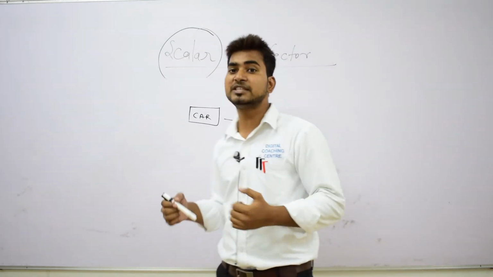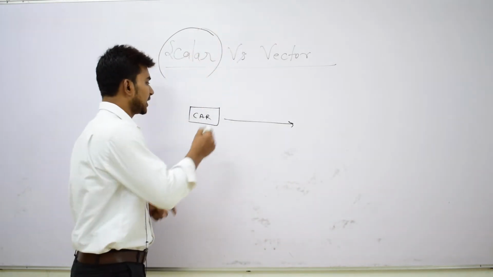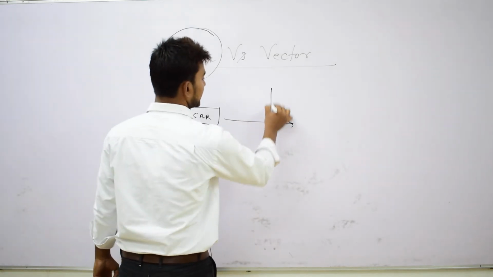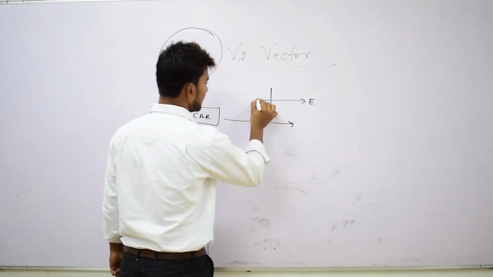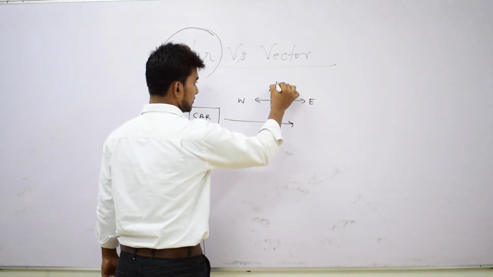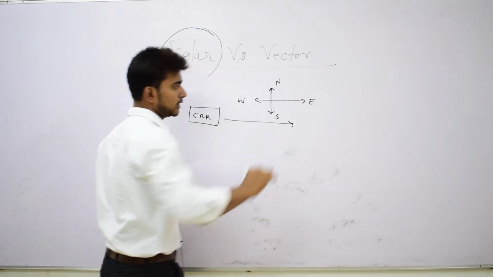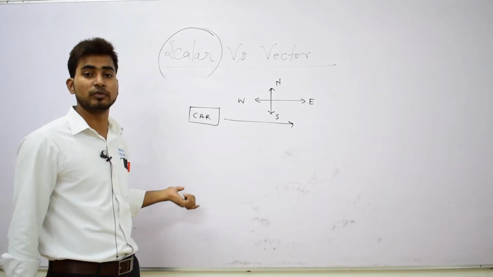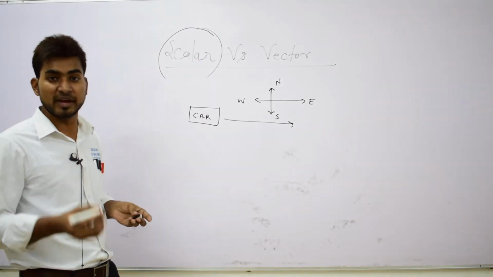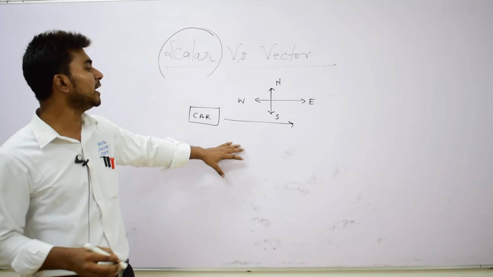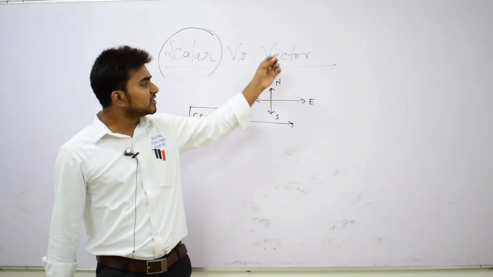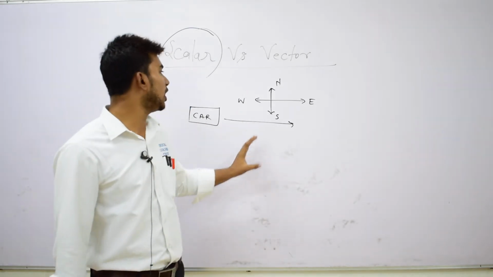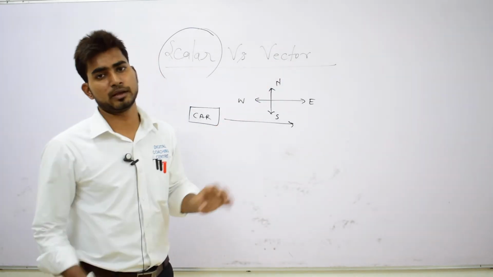The car may be moving in the positive x direction, or in the east direction, or in the north, west or south direction. So in which particular direction it is moving, we need to know. That is why any physical quantity which can be completely described by its magnitude and direction is called a vector physical quantity.